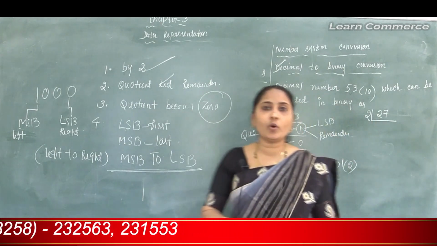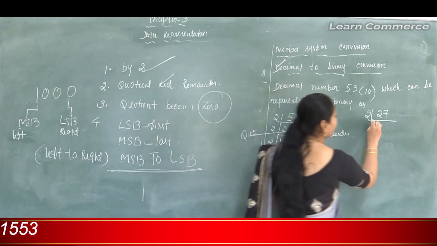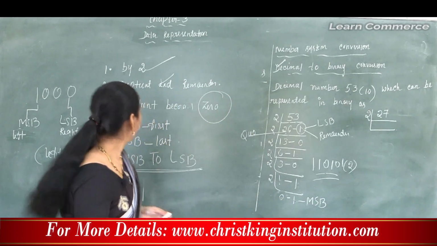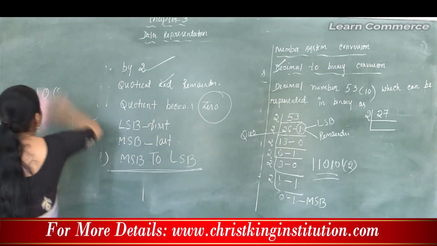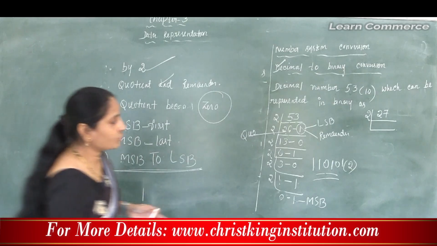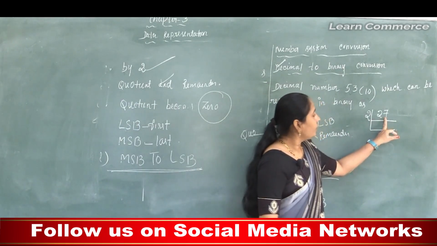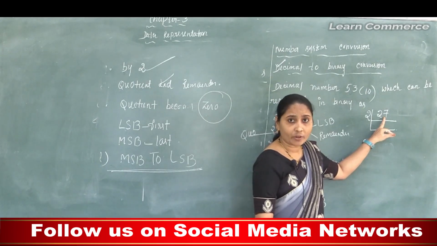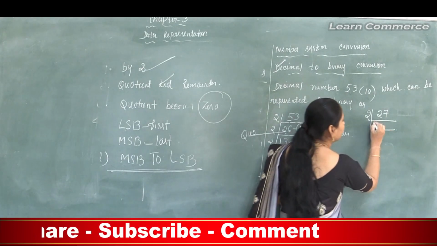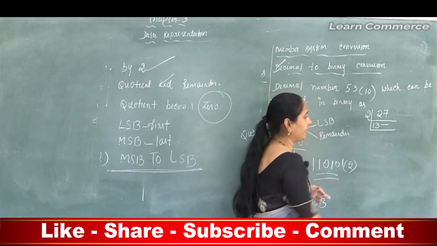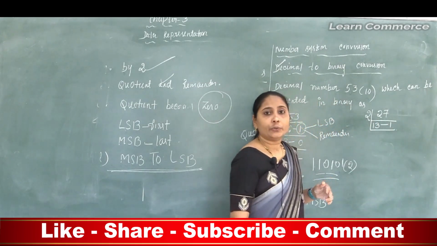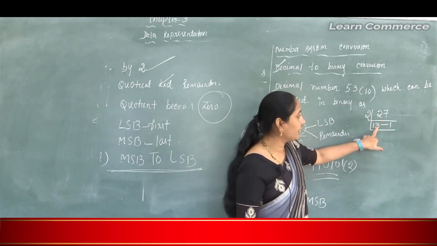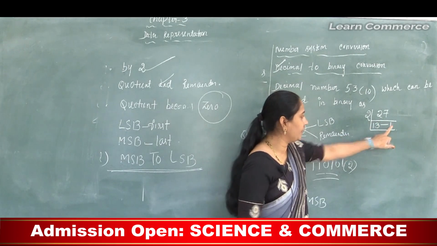Now let's divide one more number. First of all, the number 26, will it divide? Yes. 2 13s are 26, no remainder.